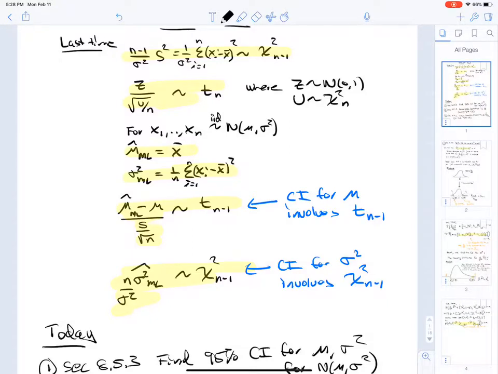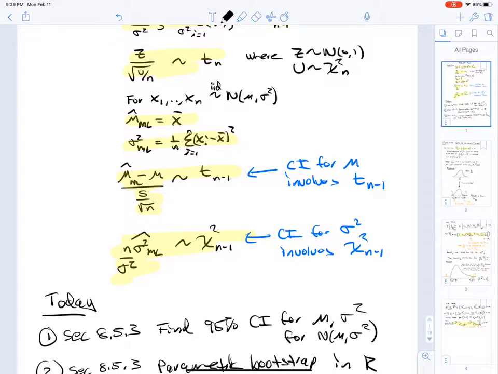The ML of the population mean is the sample mean, and the ML of the population variance is not the sample variance, but 1 over n sum of xi minus x bar quantity squared.